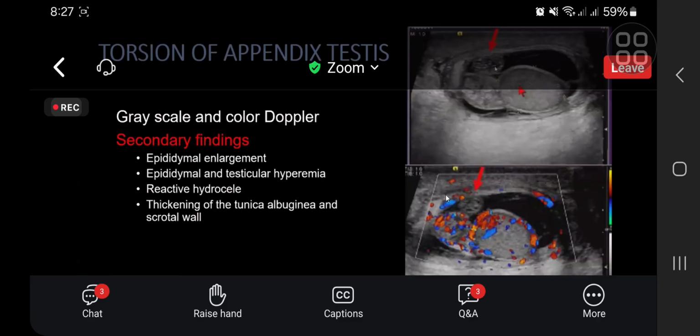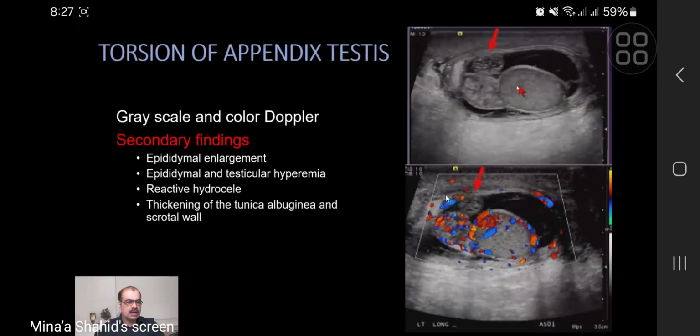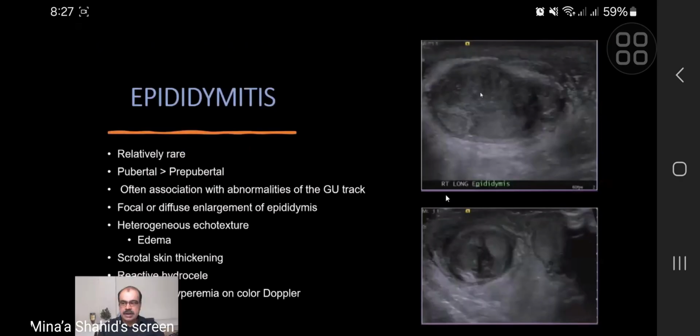Now we move to the next thing, which is epididymitis, and this is relatively rare in a pediatric population. Importantly, you can see this in pubertal patients, but in prepubertal patients it is less likely unless there is an associated GU tract abnormality, such as reflux, which induces UTIs again and again and can lead to epididymitis.